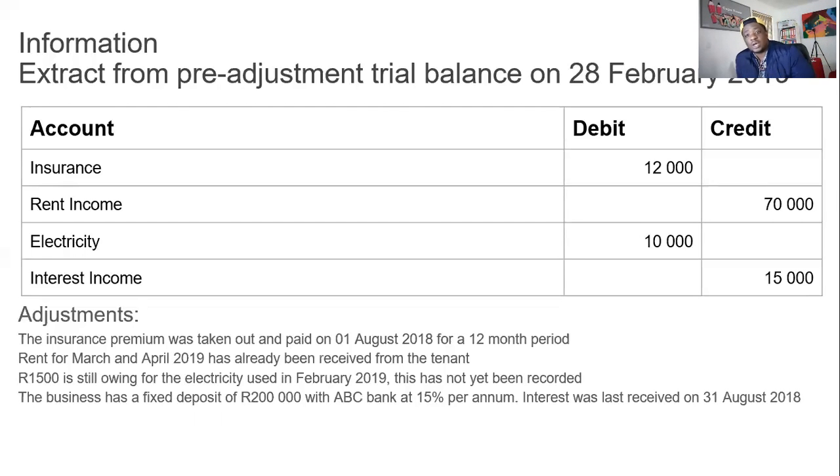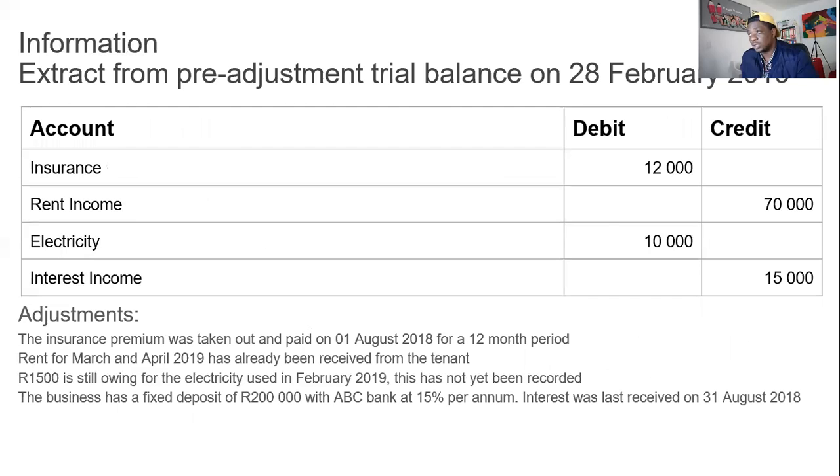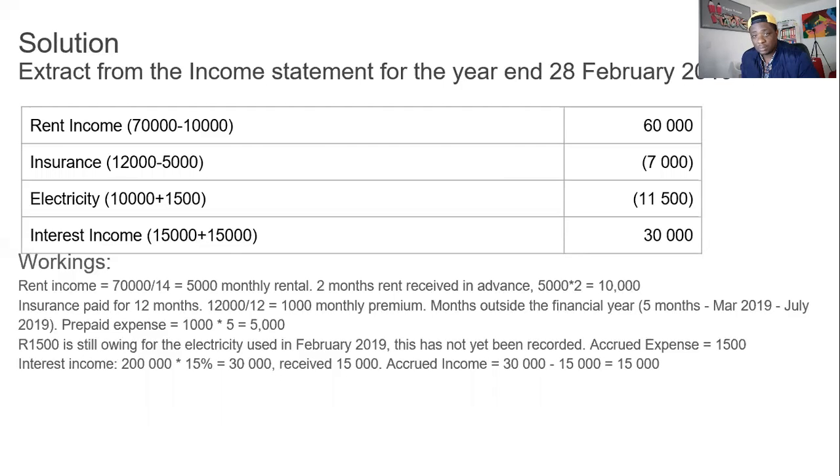So let us go and answer and see how the income statement would look. This is an extract of an income statement for the year ended 28 February 2019. Let's start with the rent income. We have 70,000 given here, and we're told that the 2 months after the financial year are included, so that would be rent for 14 months instead of 12.